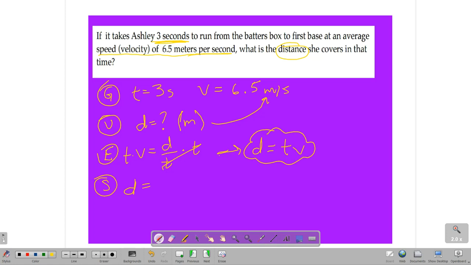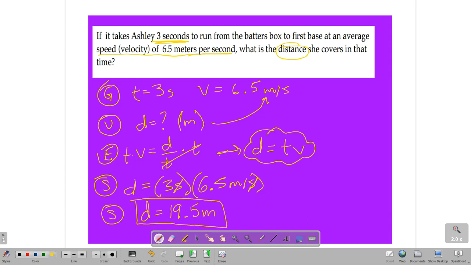Distance is equal to the time, which is 3 seconds, times 6.5 meters per second. So the seconds will end up canceling here. And then you should get a final distance of 19.5 meters.